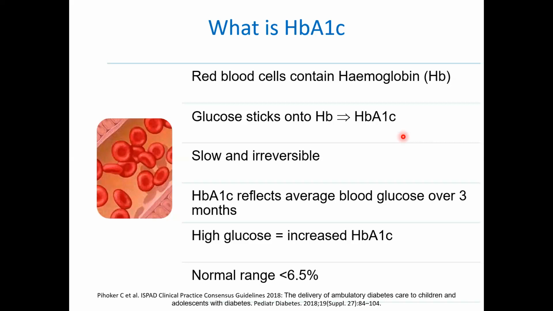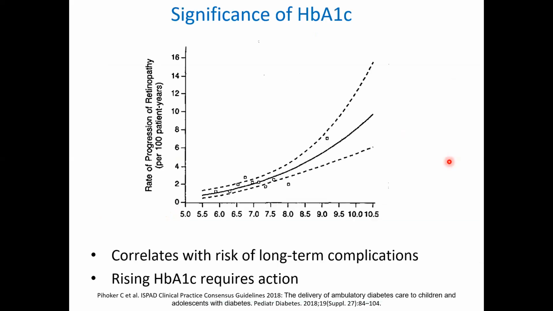But after that, it becomes irreversible, and it essentially reflects the average blood glucose over the previous 3 months. So this means when you have a high blood glucose, you are going to have an increased hemoglobin A1C. The normal range is usually below 6.5%. This is for a person who does not have diabetes. But for those who have diabetes, we said our target is 6 to 7%.